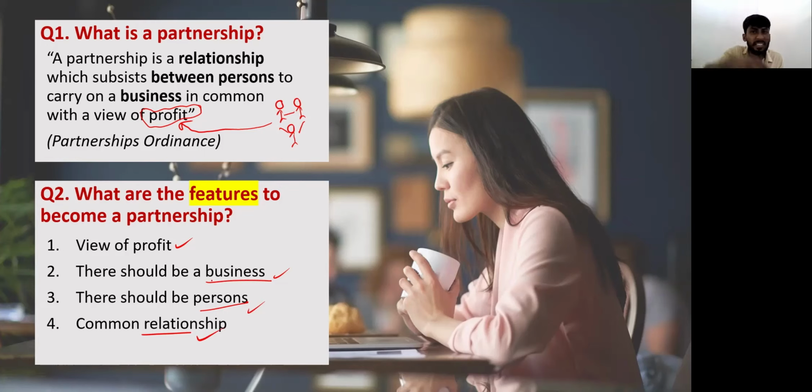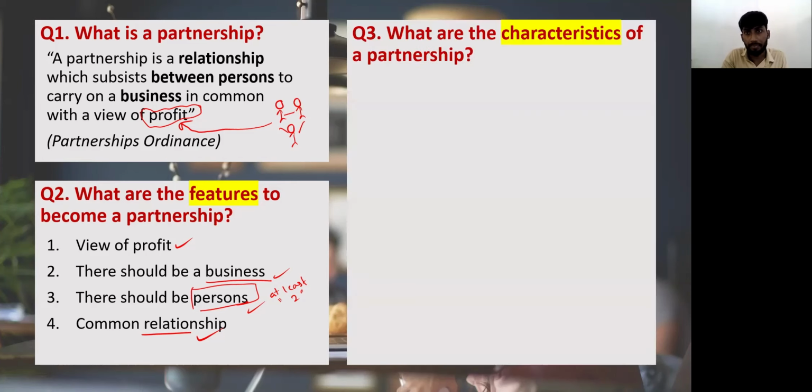So this definition itself gives these four features. What are the four features? Profit, business, persons, and the relationship. To become a partnership, there should be at least two people. Done. Now we know what a partnership is and what the features of a partnership are.